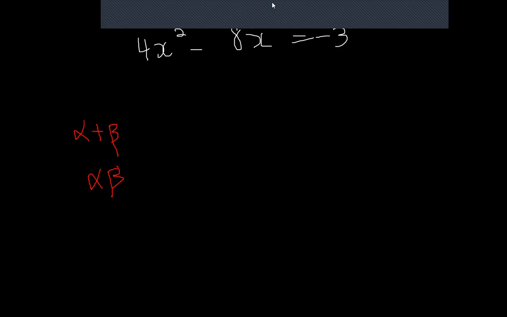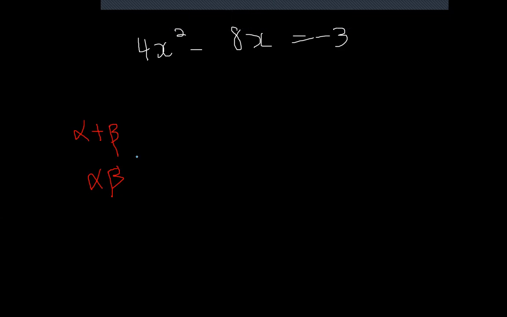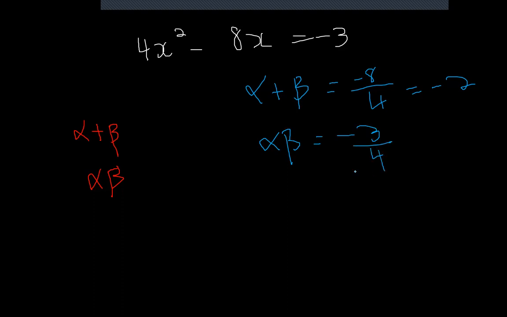So this is what you tell me, right? Alpha plus beta, you said negative 8 over 4. And we know that's negative 2, right? And then you told me alpha beta would be negative 3 over 4. Okay. Now tell me, positive 3 over 4.